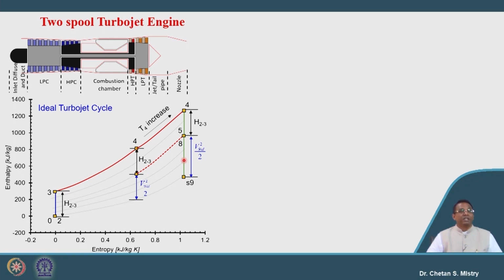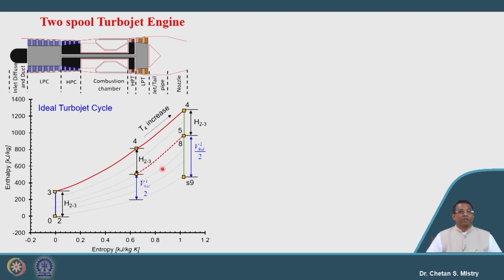But as we have discussed, we cannot move beyond a certain turbine entry temperature because of the metallurgical constraint as well as the centrifugal forces in my turbine rotors. So, do we have any other alternative? Can you try to find the solution? What can be done? This plot itself has given you some clue.